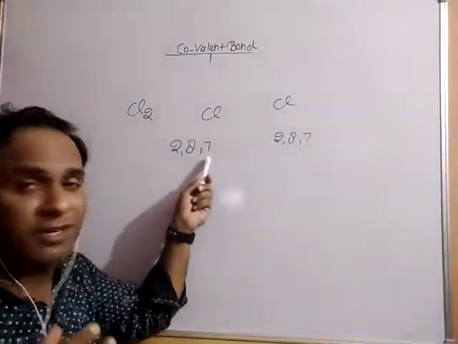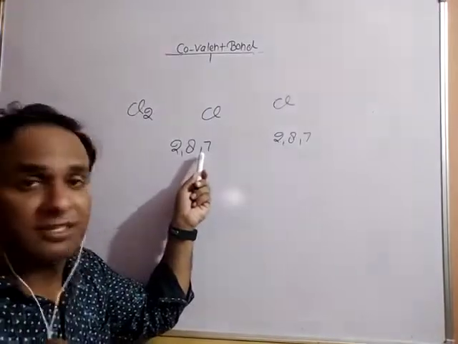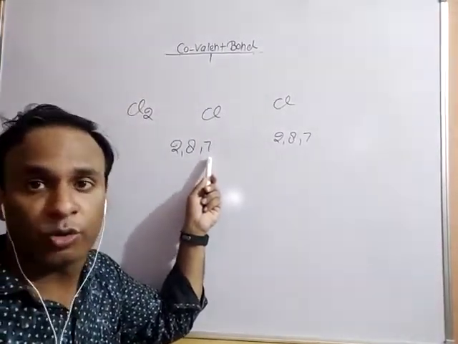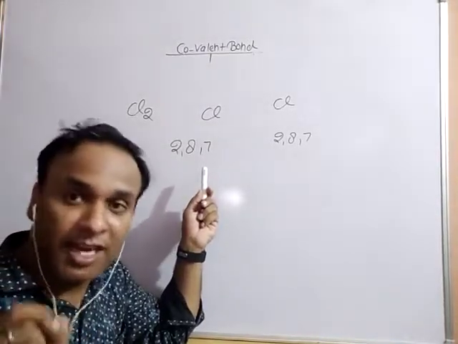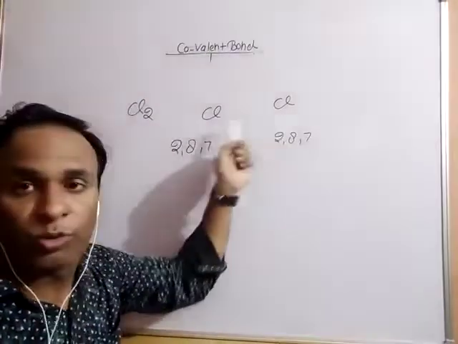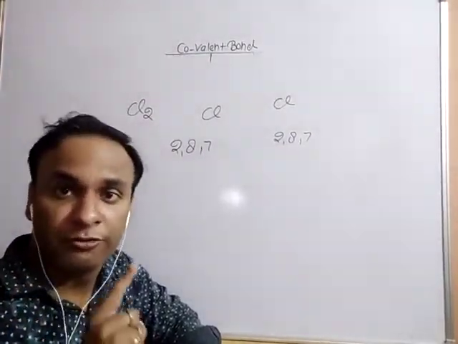So how many more electrons are required? Its outermost configuration is 7, so 1 more electron is required. That shows the number of electrons shared by each chlorine atom is 1, and this is the covalency of chlorine.